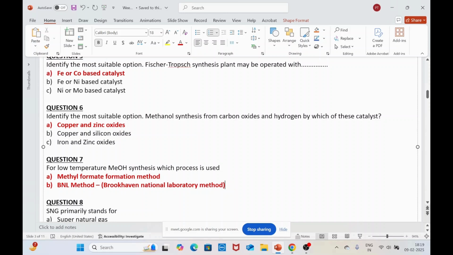Okay, and in conventional methanol synthesis process? Megapascal. Yes. So let me write that.